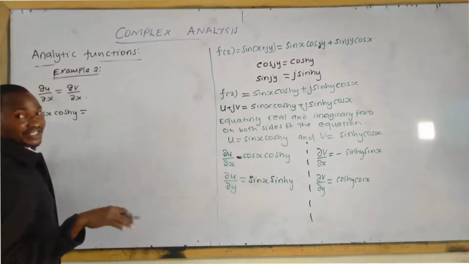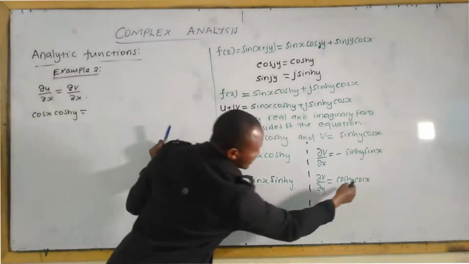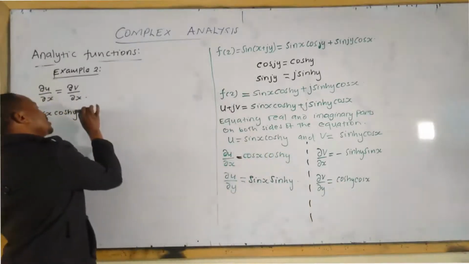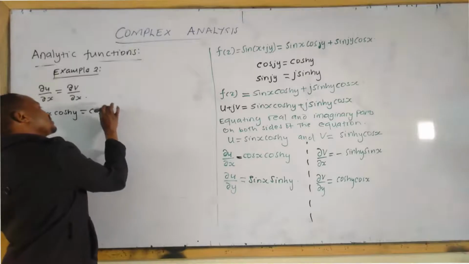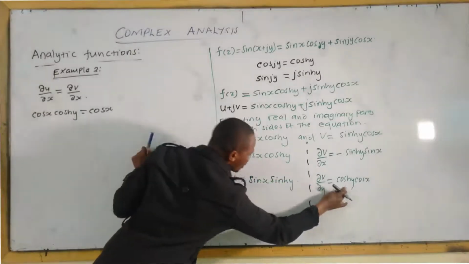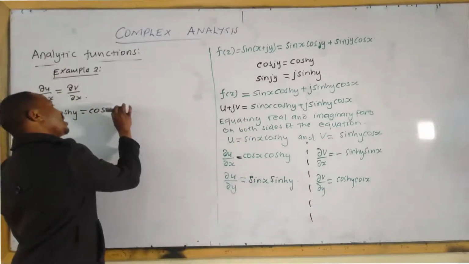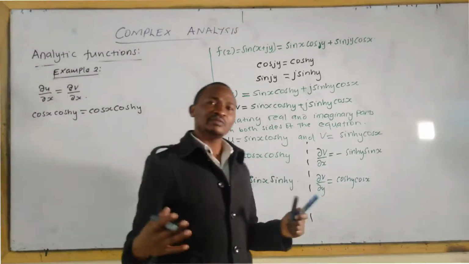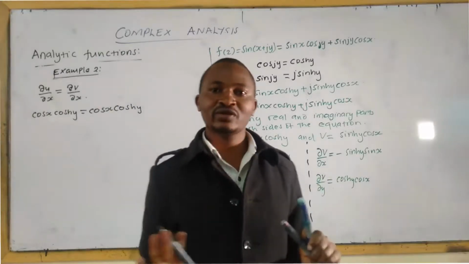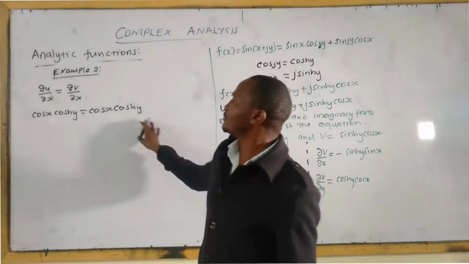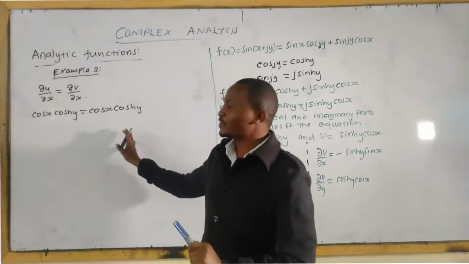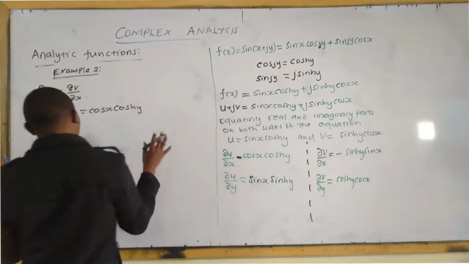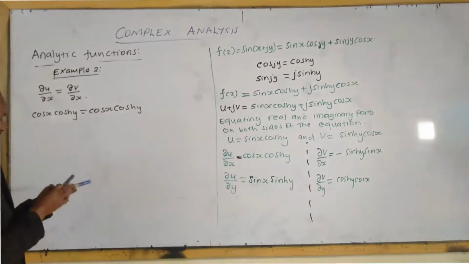But we can rearrange and start with cos x multiplied by cos y. When you are multiplying, there is no problem when you change the order of multiplication. That's why I'm able to interchange. I'm trying to make it look more uniform.